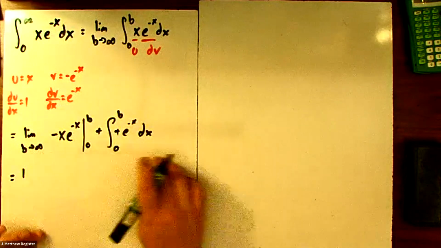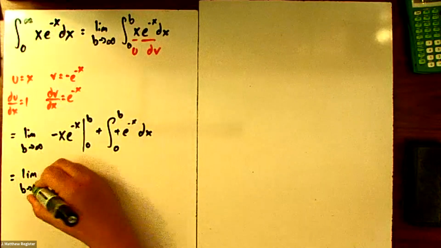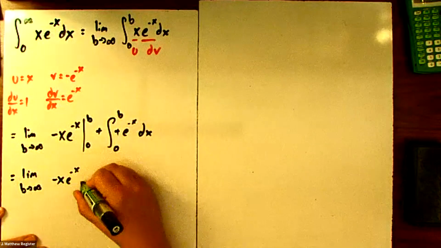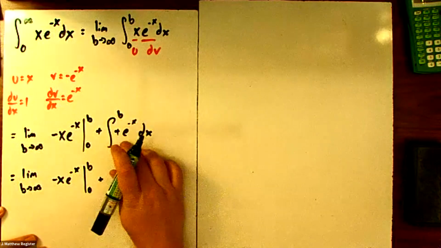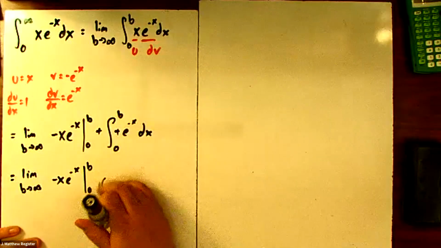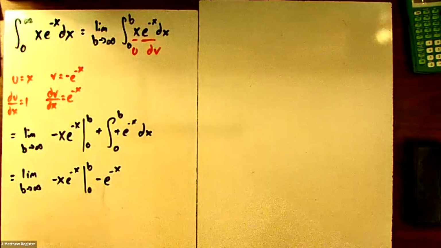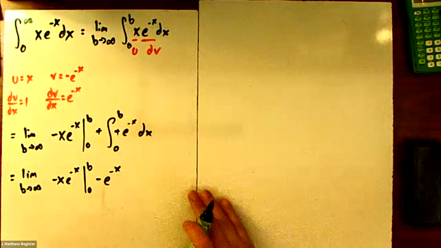Well, let's just clean up this final integral real quick. Our limit as b goes to infinity of negative x e to the negative x from 0 to b plus the integral of e to the negative x, which is negative e to the negative x, from 0 to b.